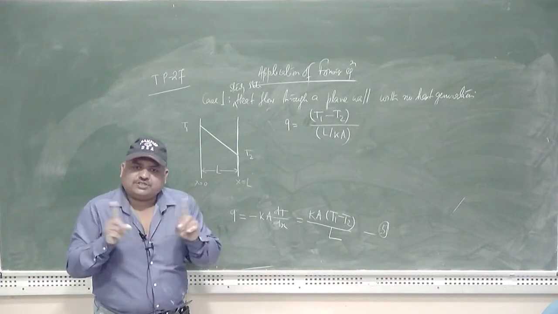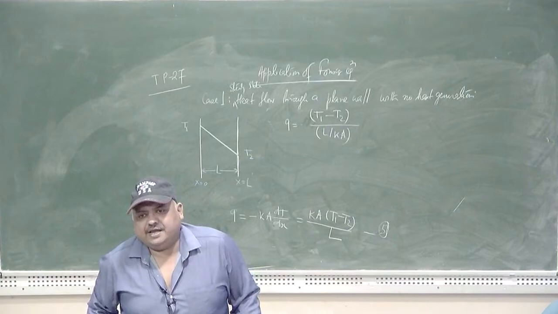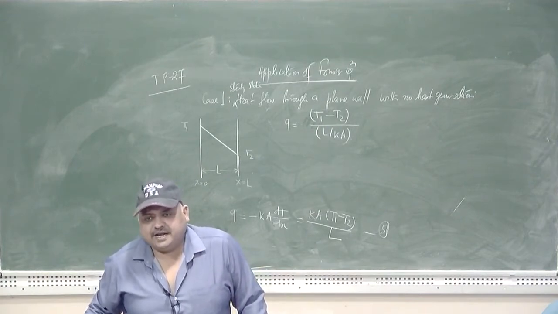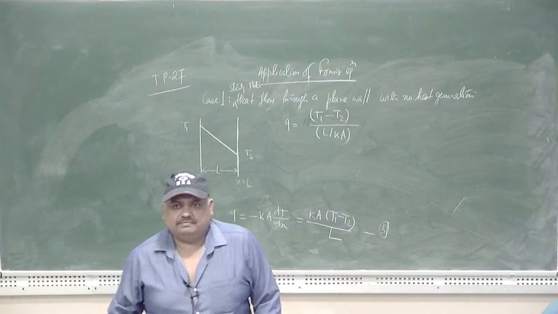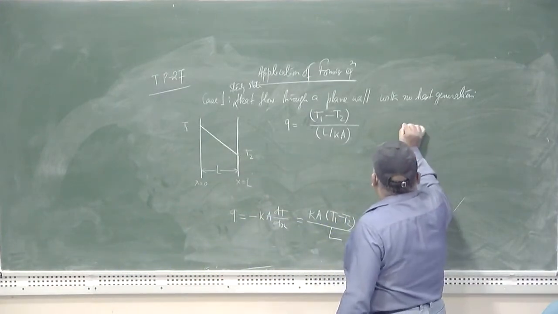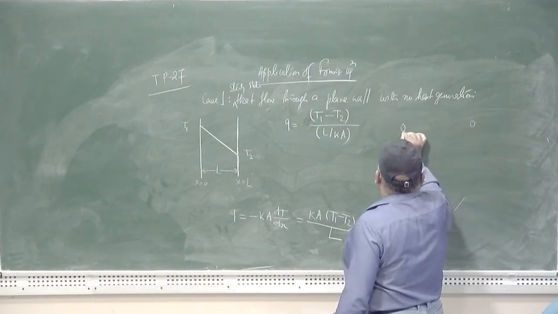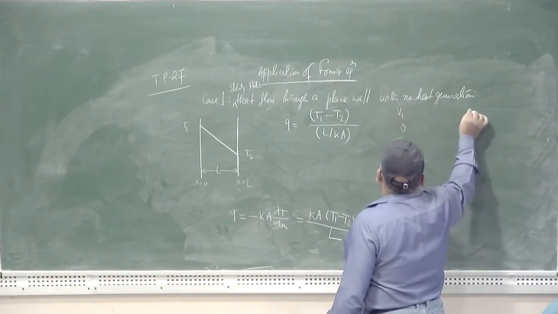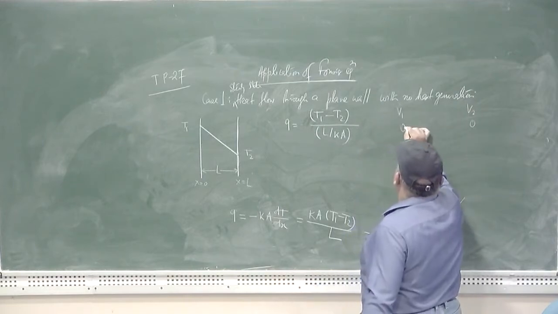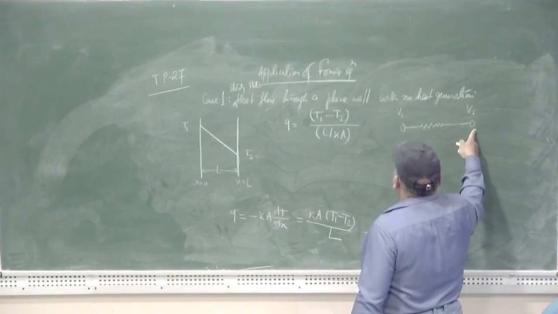Now let us try to establish an equivalence between a heat flow study as well as an electric flow study. Let us suppose I am assuming an electric circuit where there are 2 points A and B, 1 and 2, having the potential V1 and V2, where V1 is greater than V2, so definitely the current will start to flow from point number 1 to 2.